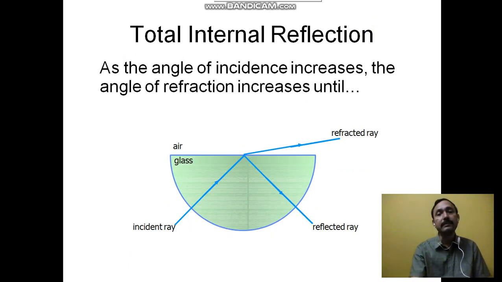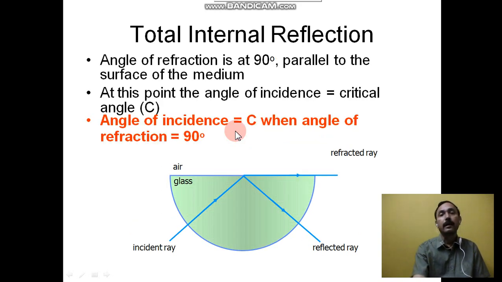As the angle of incidence increases, the angle of refraction increases, until the angle of refraction is 90 degrees. If we draw the normal along this direction, this is the angle of incidence. This is the normal, and the angle of refraction becomes 90 degrees, parallel to the surface of the medium.